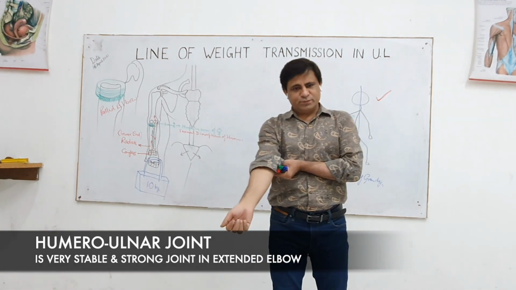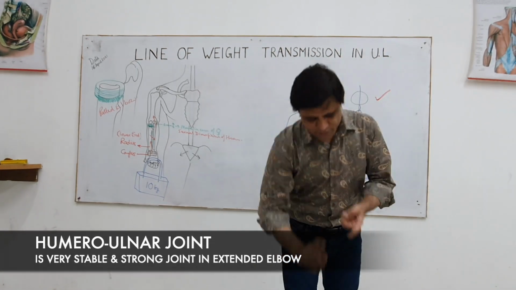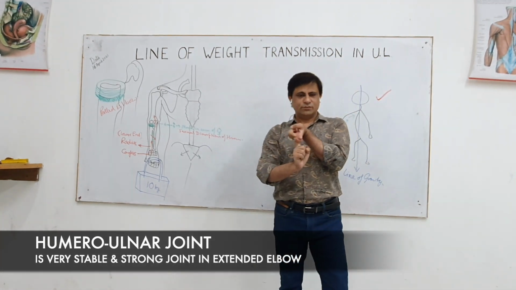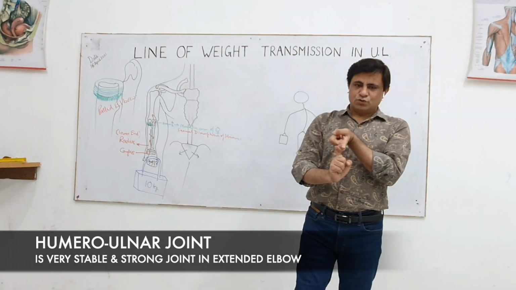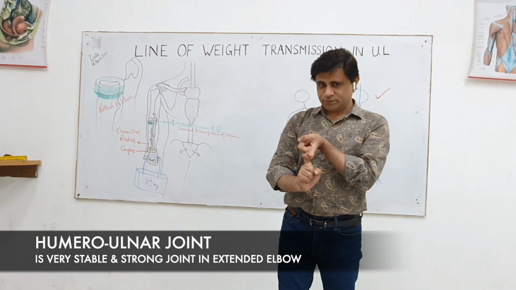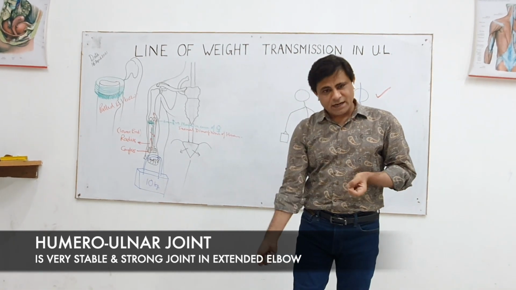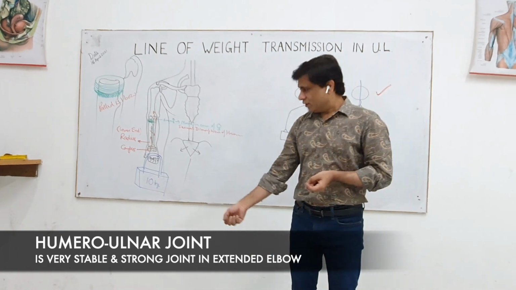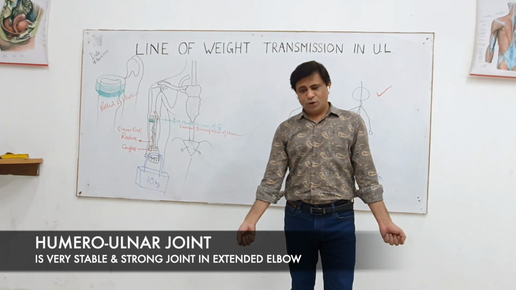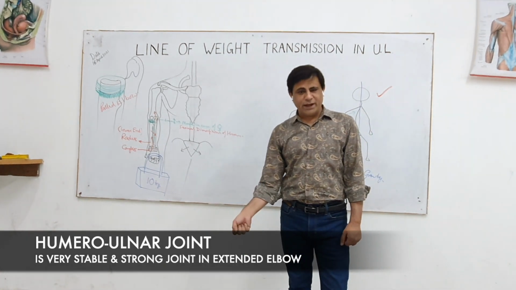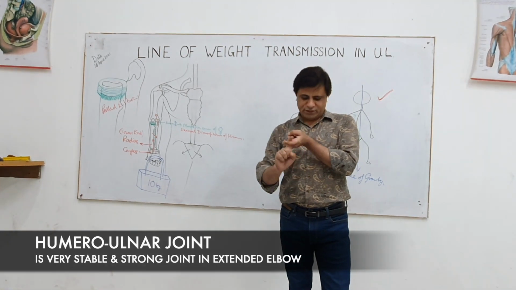When the olecranon process goes within this olecranon fossa, this is a very stable joint. So the humero-ulnar joint is a very stable joint in an extended elbow. You can easily lift 10, maybe 20, 30, maybe 50 kg or more because of this humero-ulnar joint having this type of notching.